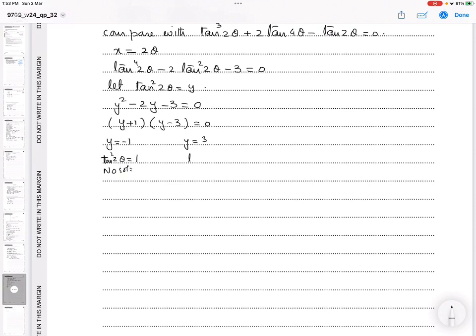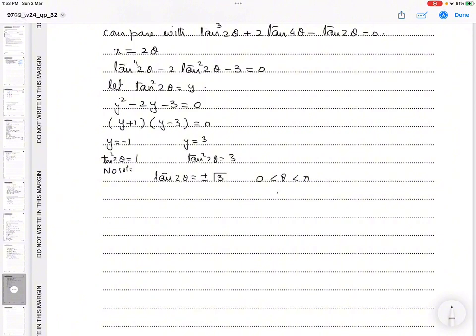And replace y by tan square. Tan square 2 theta is equal to 3. So tan 2 theta equals plus minus root 3. We have to stay between 0 and pi, so theta is less than pi and greater than 0.